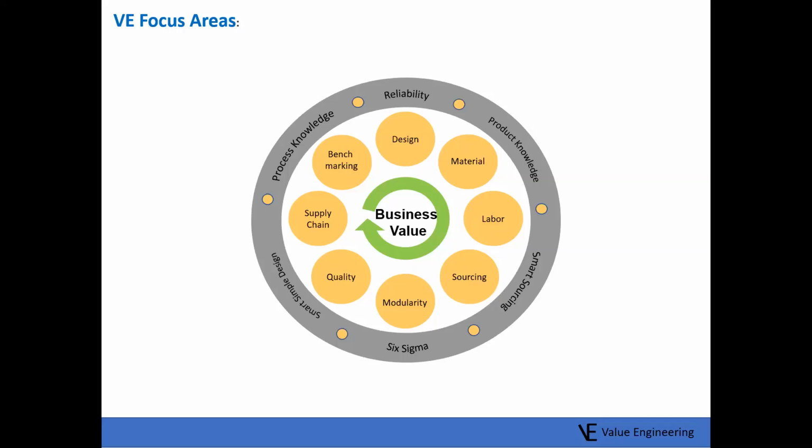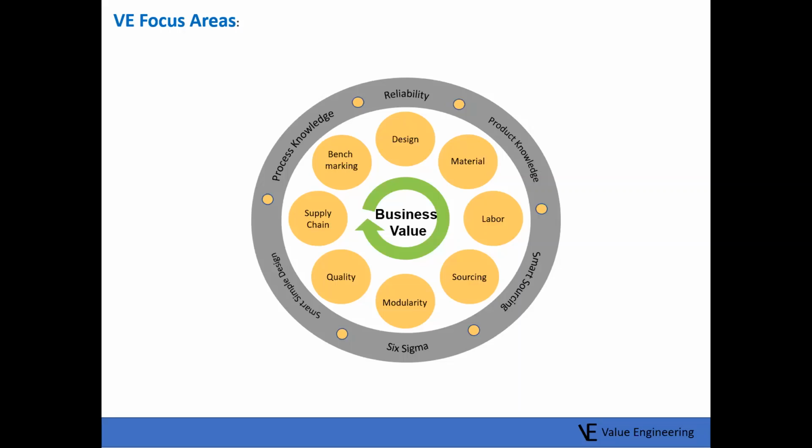So if you want to come up with one more new product in the same area, then what differentiation you are giving to the patient is more important, and that will come from the benchmarking activity. So these are all the different areas where you can apply value engineering in a manufacturing area.